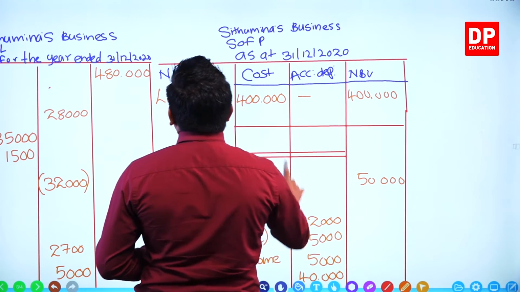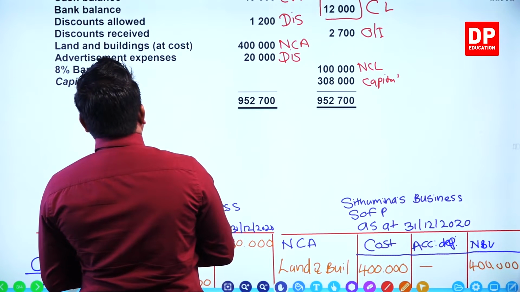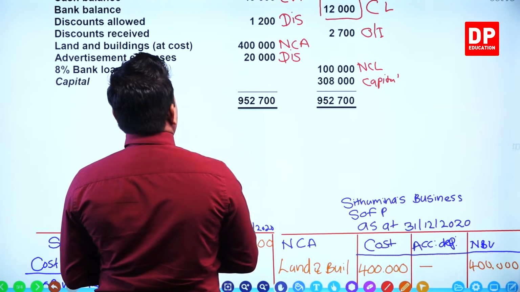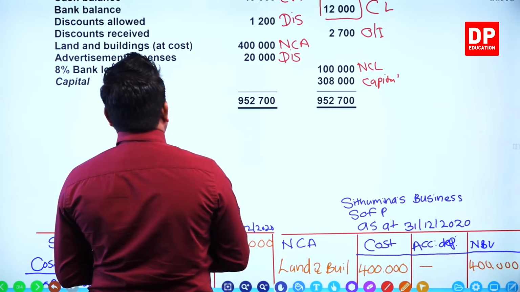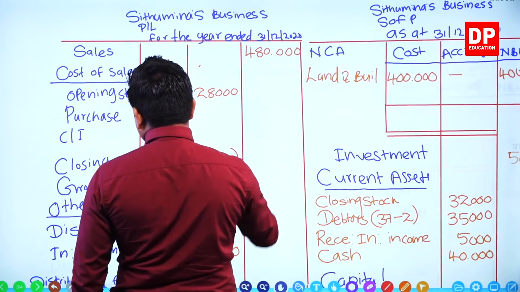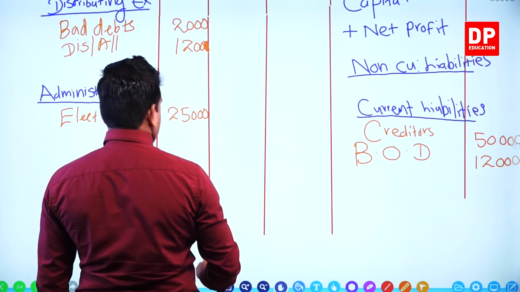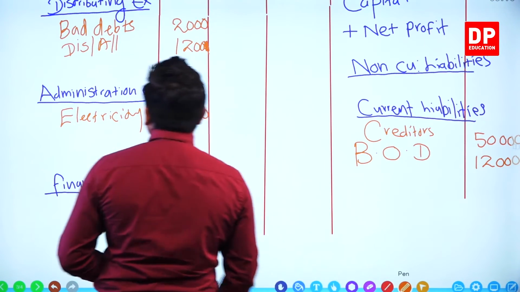Now, advertising 20,000, bank loan 100,000. Advertising 20,000, distributing expense.